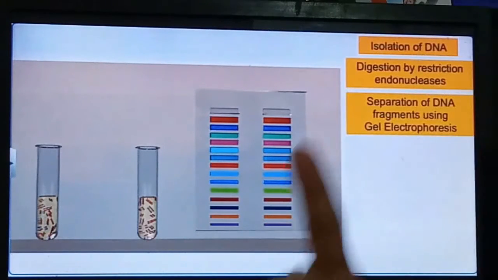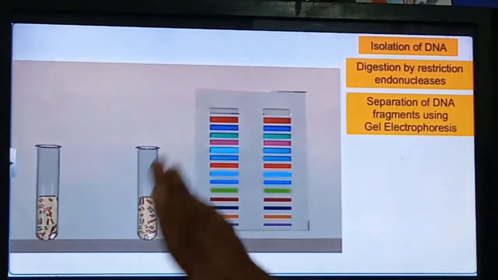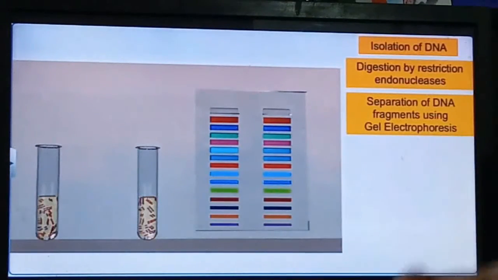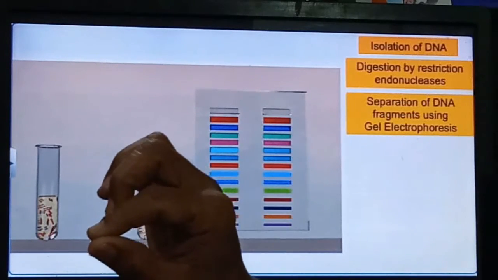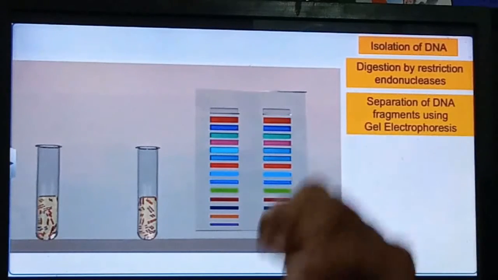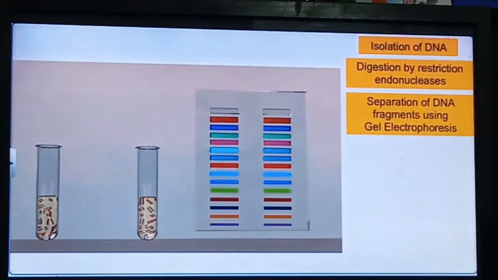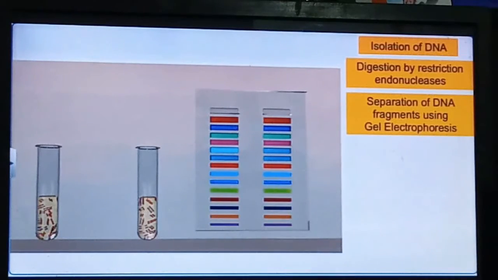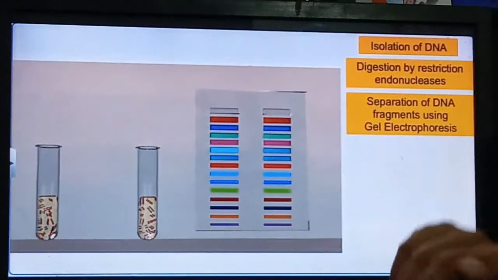Only one cell is sufficient for DNA fingerprinting. You take out the DNA from the nucleus by digesting the cell membrane and the nuclear membrane, and digesting all the proteins and RNA using different enzymes, and you will get pure DNA. So this is the isolation of DNA.